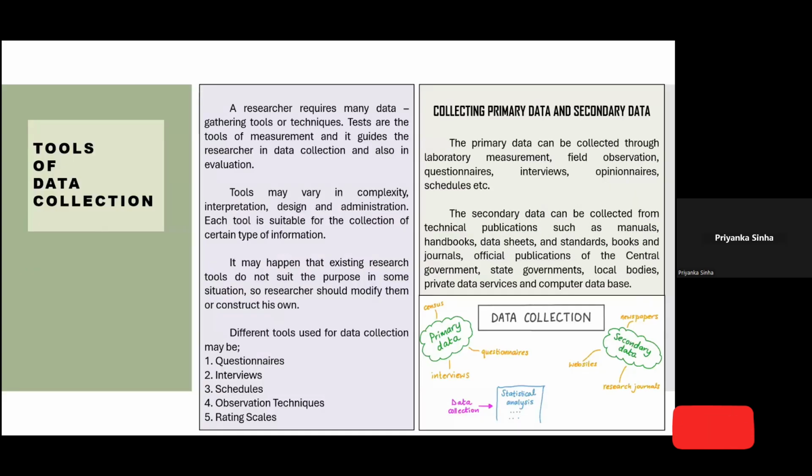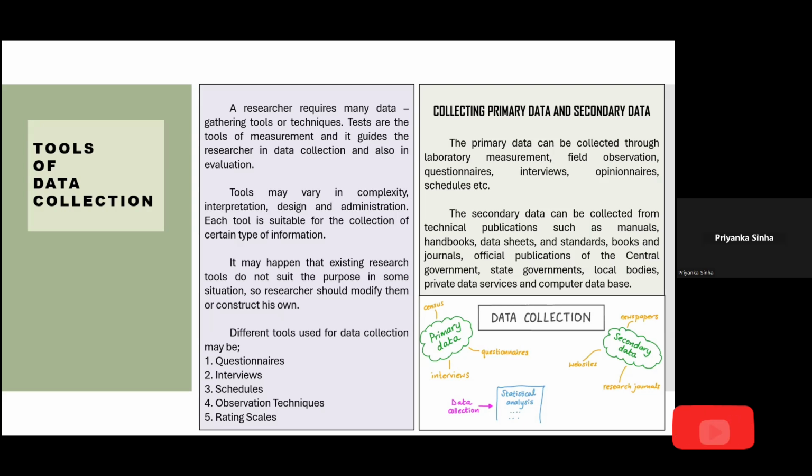Tools of data collection. Tools may vary in complexity, interpretation, design, and administration. It may happen that existing research tools don't suit the purpose of the study, so the researcher should modify them and construct their own. Different tools used for data collection may be questionnaires, interviews, schedules, observation techniques, or scales.